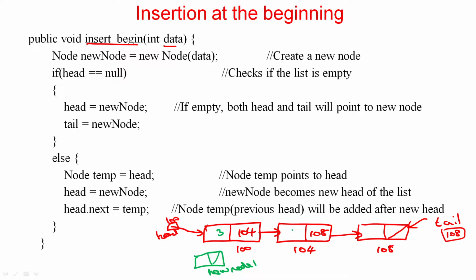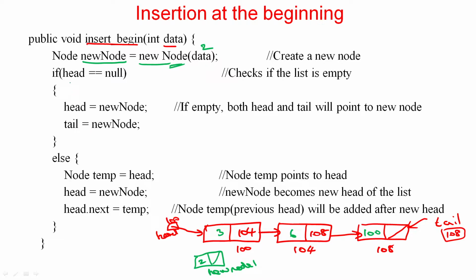This is 3600. Here the bottom one, the new node, is 2. So when you are inserting the node, we are creating the new node. The new node is created with the data 2 by calling the node constructor.